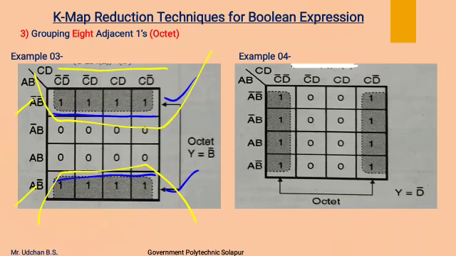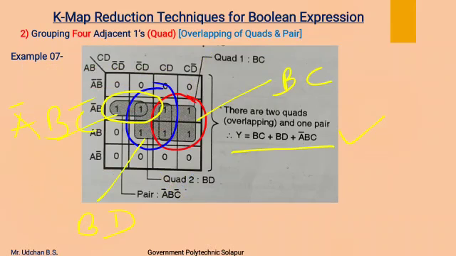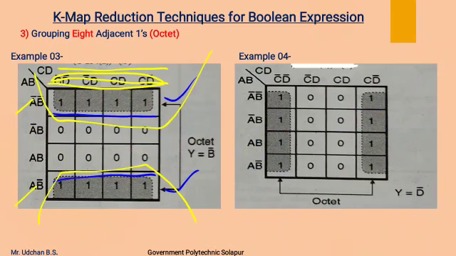Now as we had experience in the previous methods, all these terms get eliminated as they contain the normal variable and its complemented variable. So only two terms remain now, this A bar B bar and A B bar. From these two, A bar and A get cancelled, and B bar and B bar give you only a B bar. So y equal to B bar. This is the reduced equation for our octet.